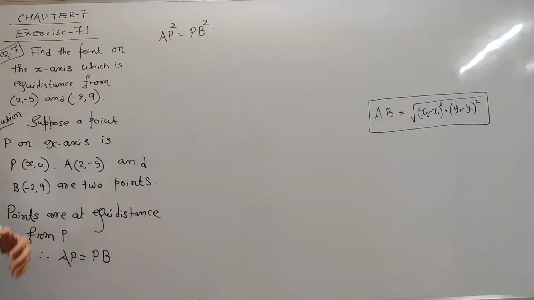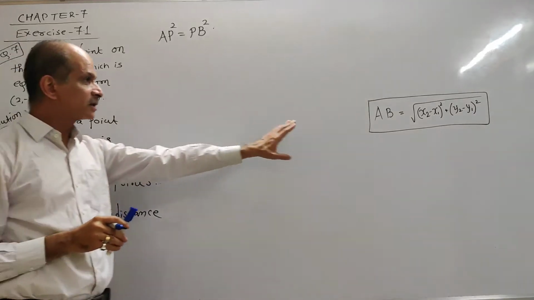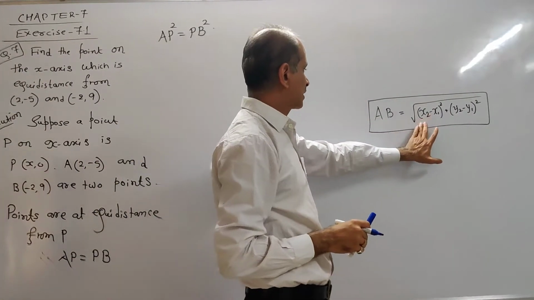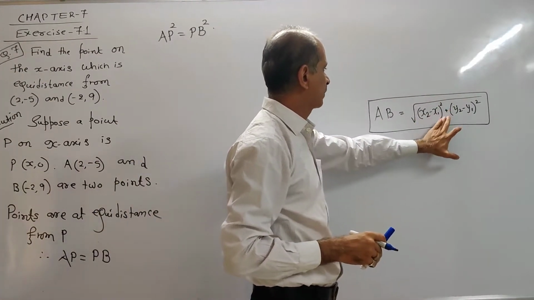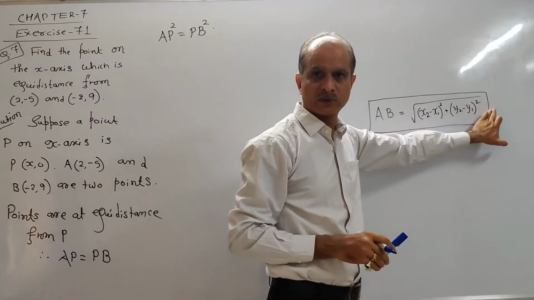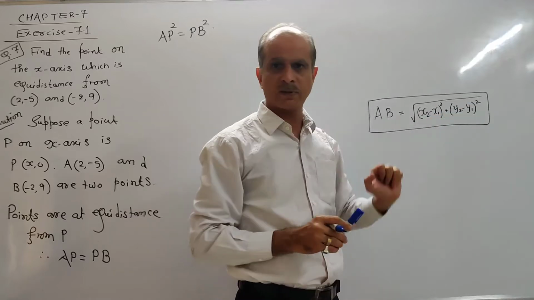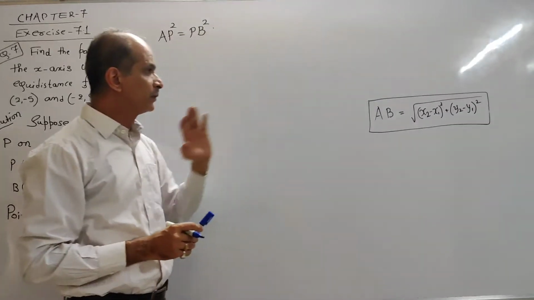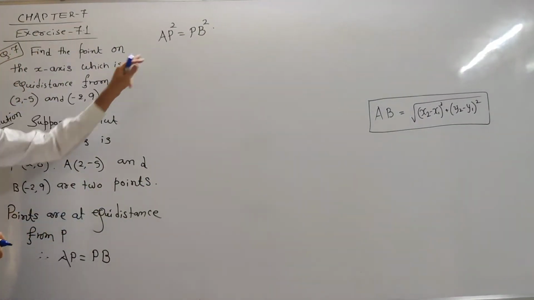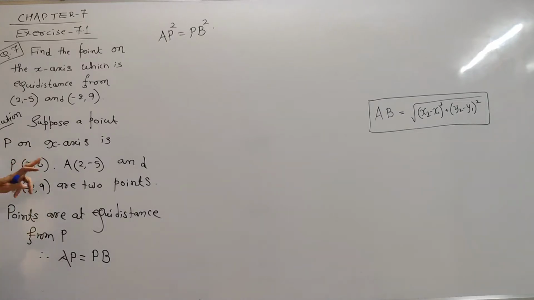Now you can use the distance formula. You know what the distance formula is: (x2 minus x1) whole square plus (y2 minus y1) whole square. We can also write (x1 minus x2) whole square plus (y1 minus y2) whole square. Now use this formula for A and P. P means (x, 0), A means (2, minus 5), B means (minus 2, 9).